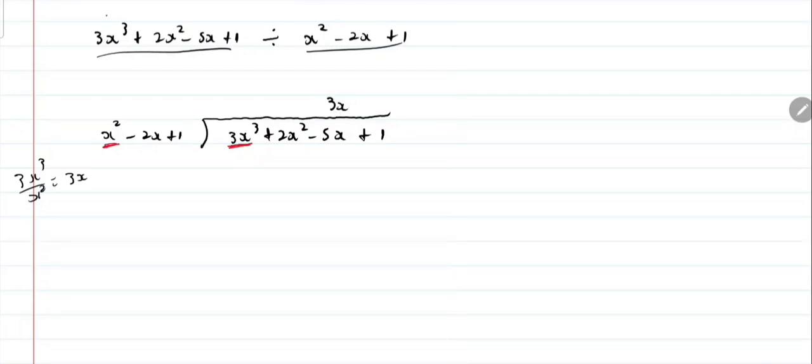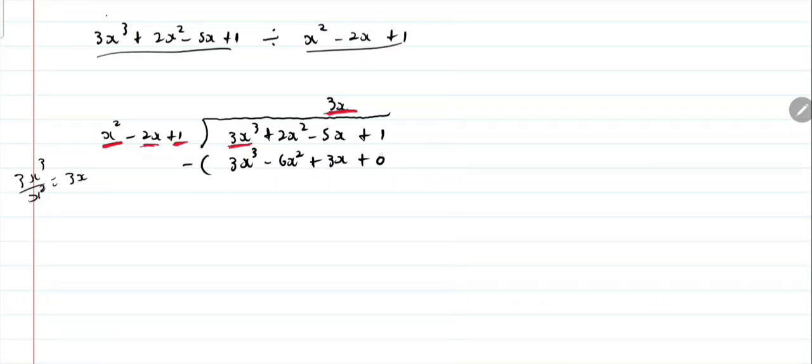I multiply. 3x times x squared is going to give me 3x cubed. 3x times minus 2x is going to give me minus 6x squared. 3x times 1 is going to give me plus 3x, right? I have nothing else to multiply, so I put 0 there.